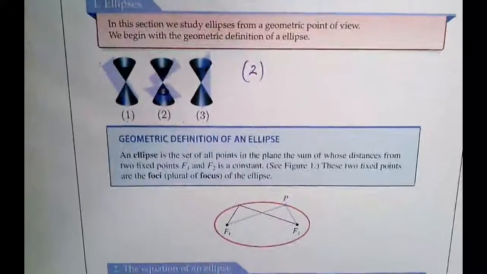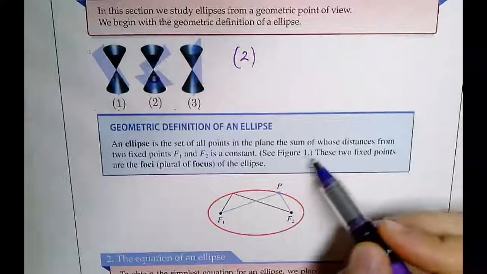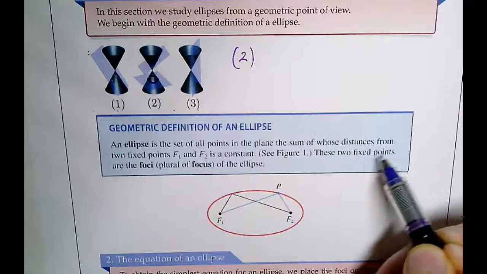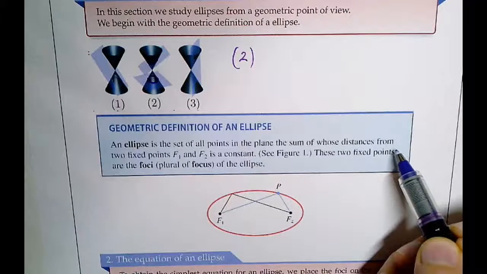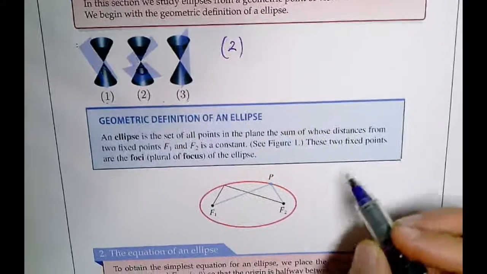So the geometric definition of an ellipse is going to be the set of all points in the plane such that the sum of whose distance from the two fixed points f1 and f2 is constant. What do I mean by that?